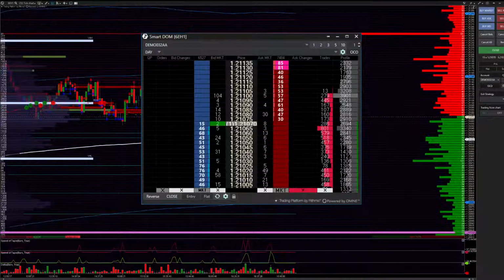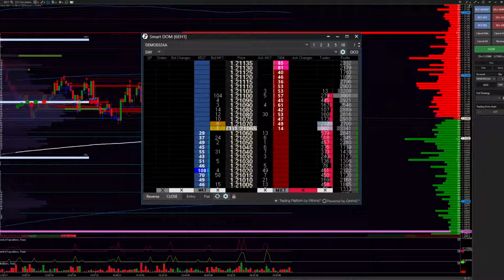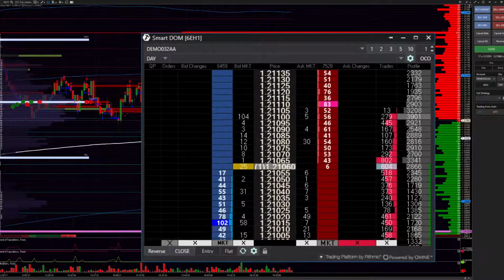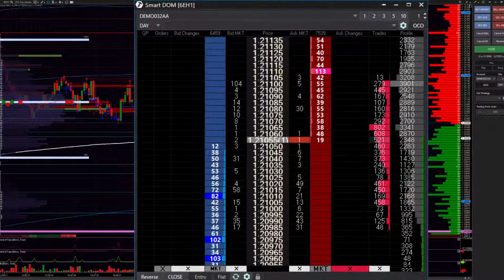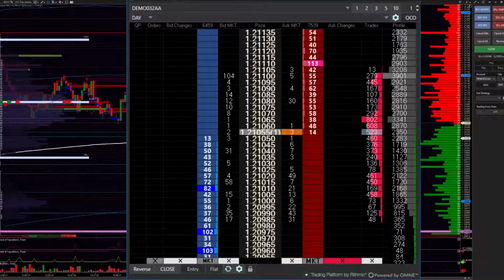Let me just make it a little bit bigger, so I can explain to you a little bit about market mechanics so you understand what actually moved the price up or down.